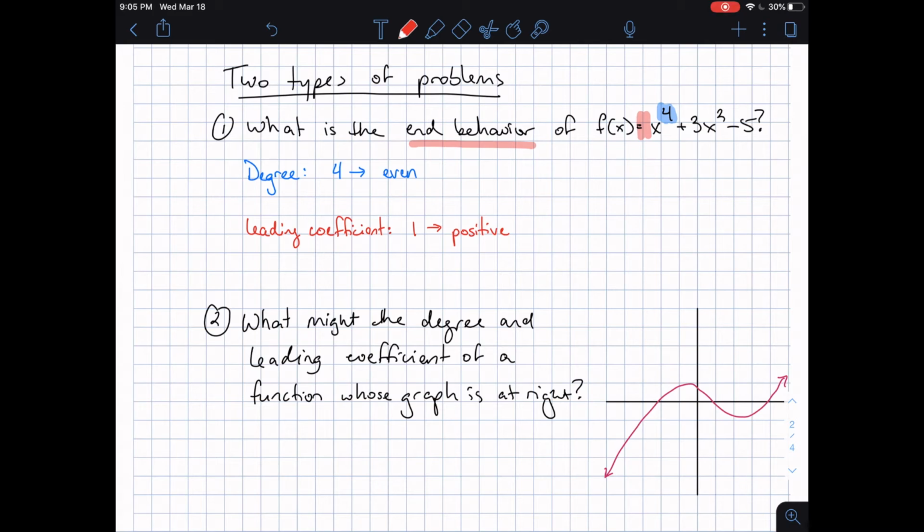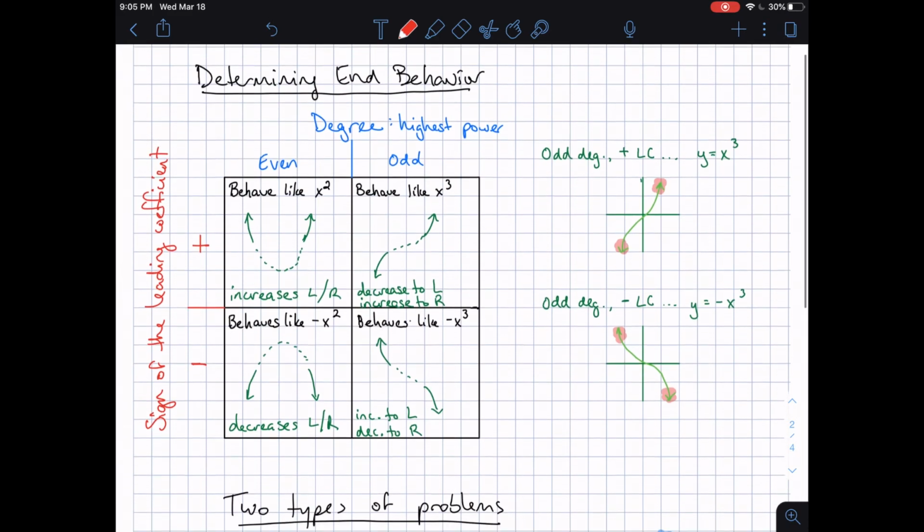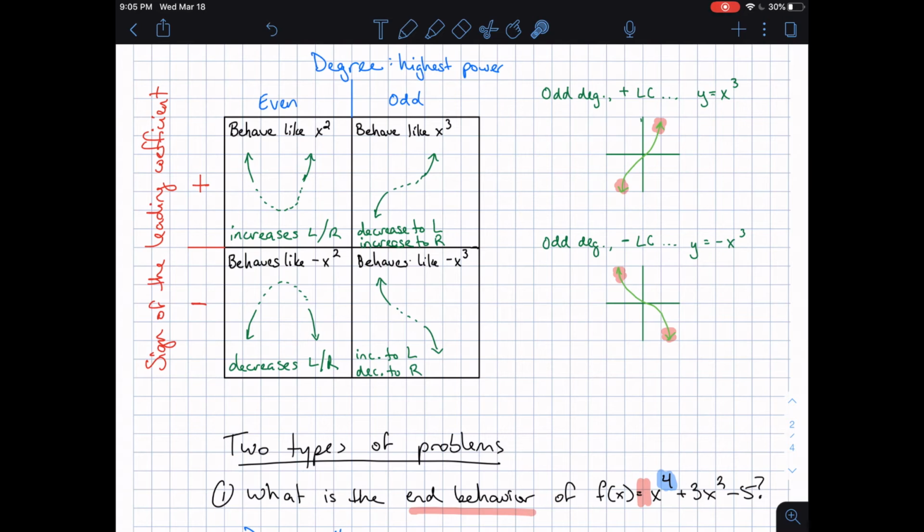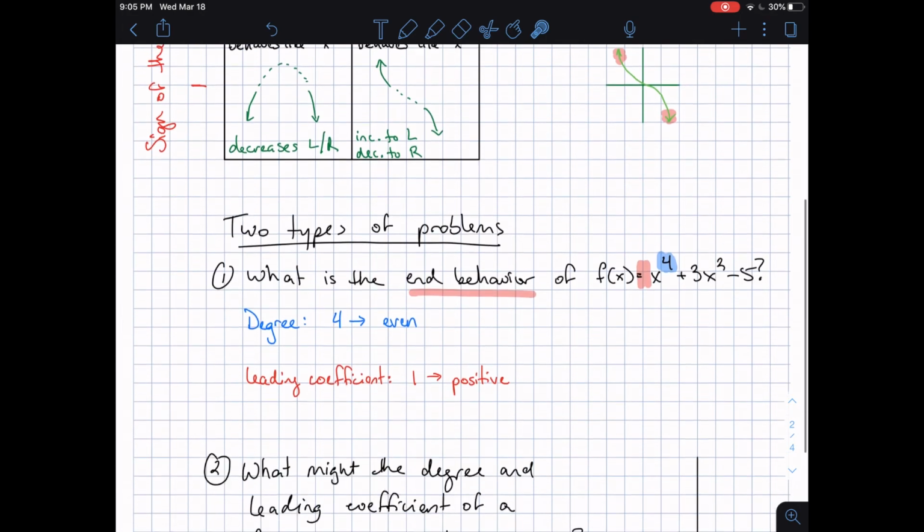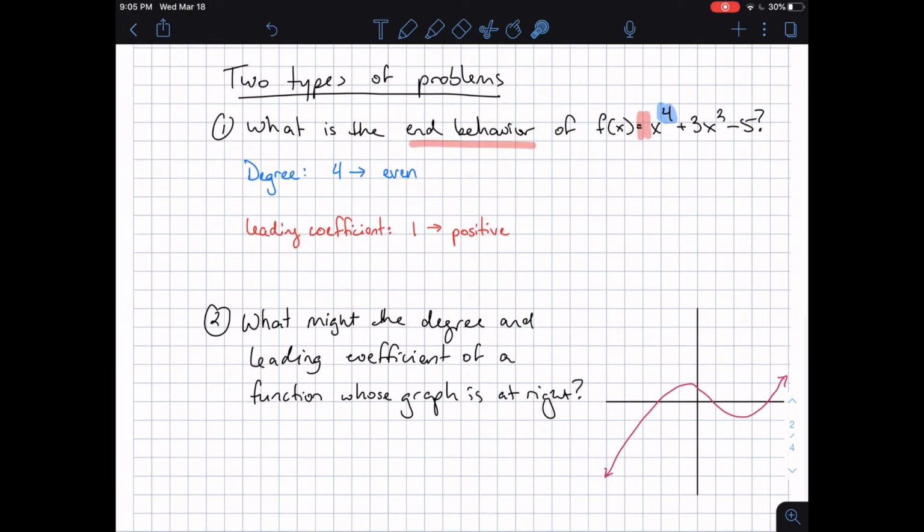So I have an even degree and a positive leading coefficient. If I go back to my table, even and positive brings me into this box right here. From my mini example, that told me that my graph, no matter what happens in the middle, on the ends is going to look a lot like just x squared, my upward opening parabola.